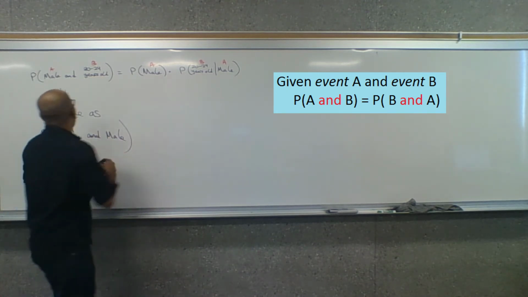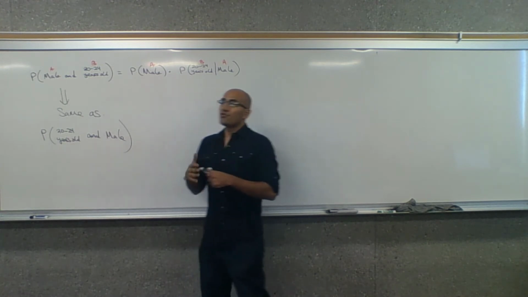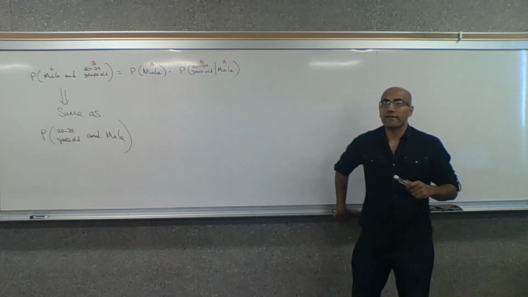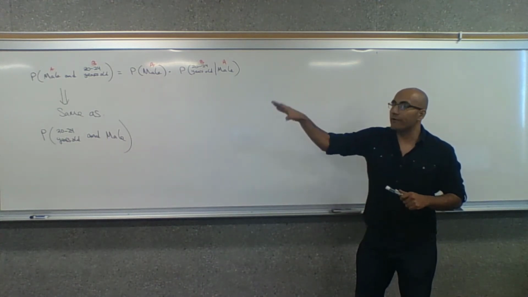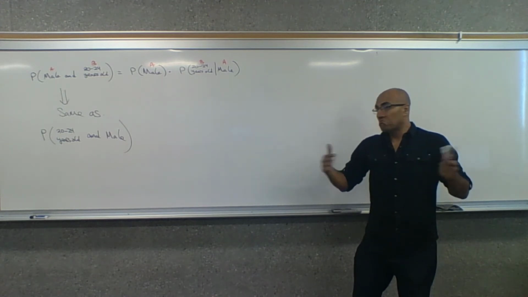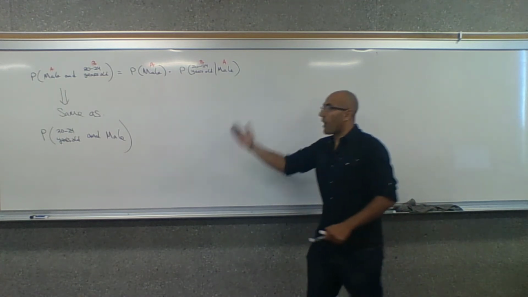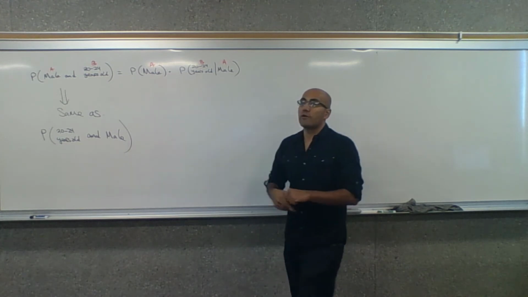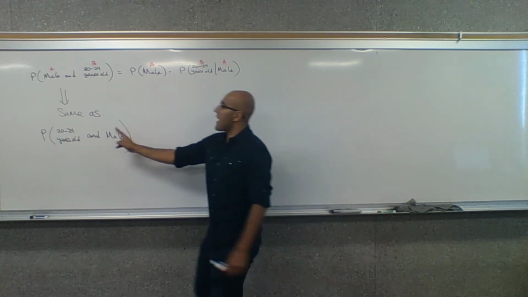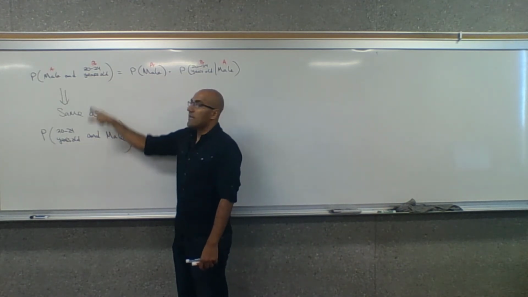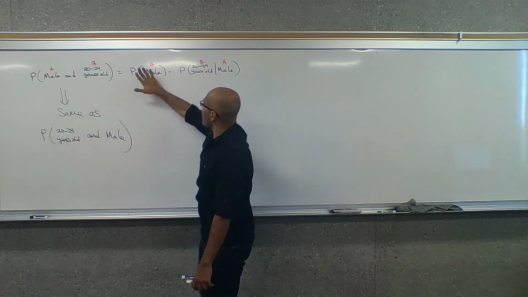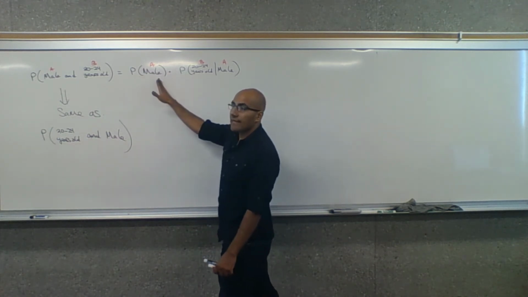Does it make sense why switching those two things around shouldn't matter? I'm looking for the probability that a murder victim is a 20 to 24-year-old and male. That should be the exact same thing as the probability that it's a male and they're 20 to 24 years old. That shouldn't matter, right? And it doesn't matter. We get the same answer. Okay? Now where it matters is over here, because this has to be in this order.